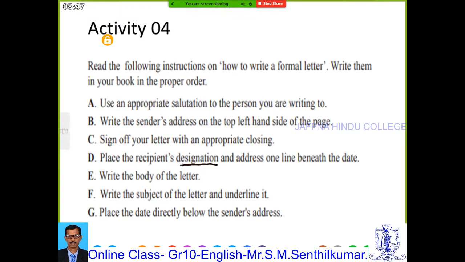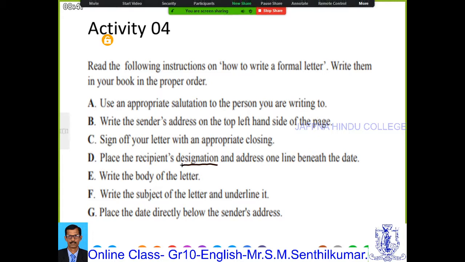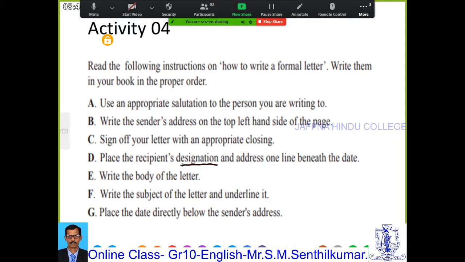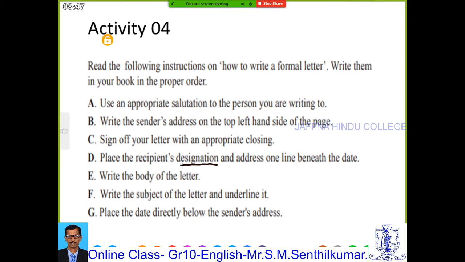Principal is a designation, right? Teacher is a designation, right? Place the recipient's designation and address online beneath the date. Then you write the second one. This is the second one, D.